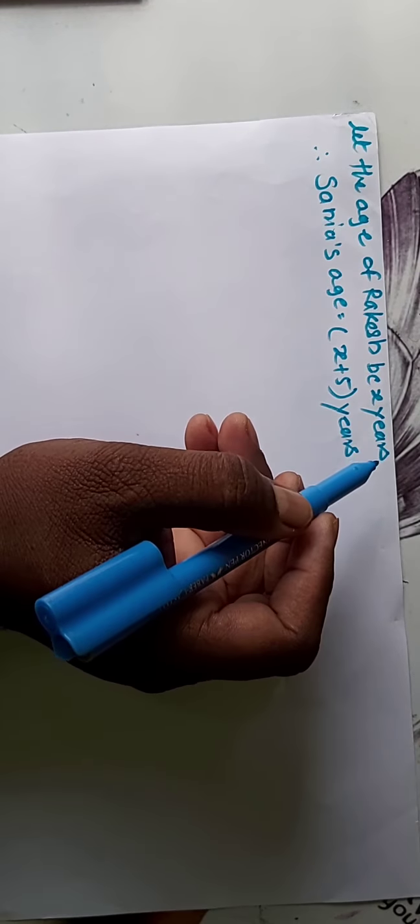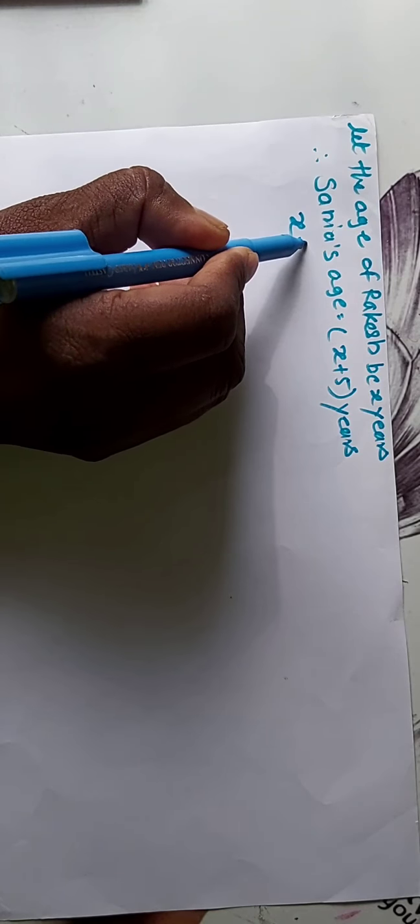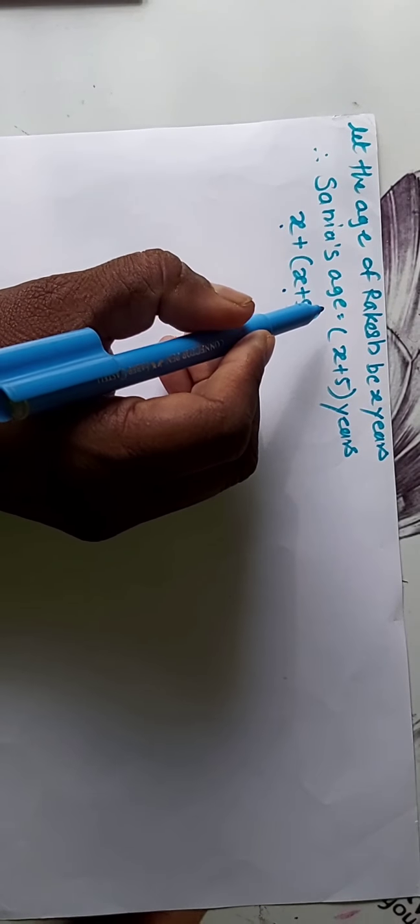According to the condition, we will build the equation. Rakesh's age is x, and Sania's age is x plus 5, and they said the sum of their ages, sum means addition, is equal to 27.